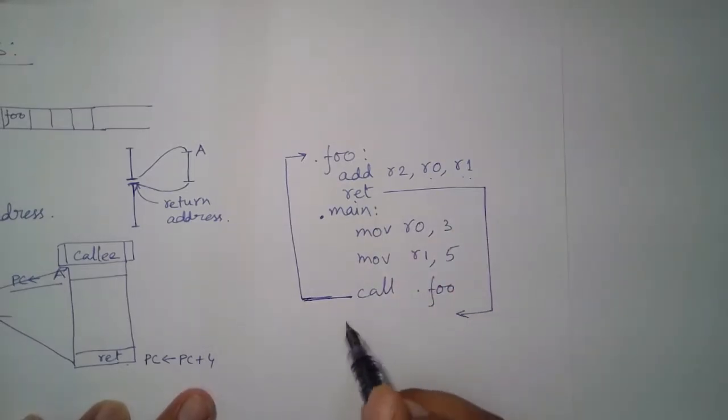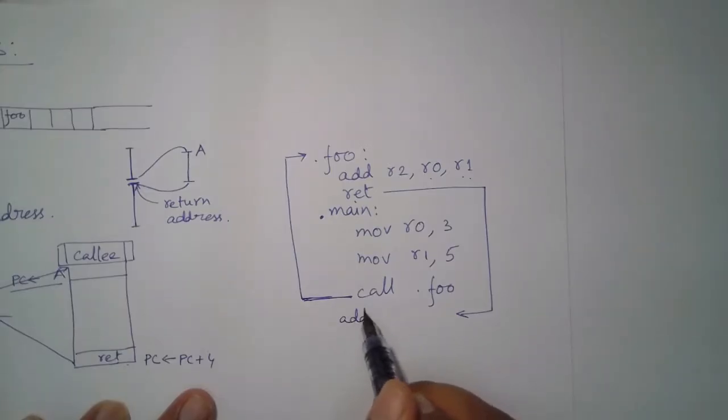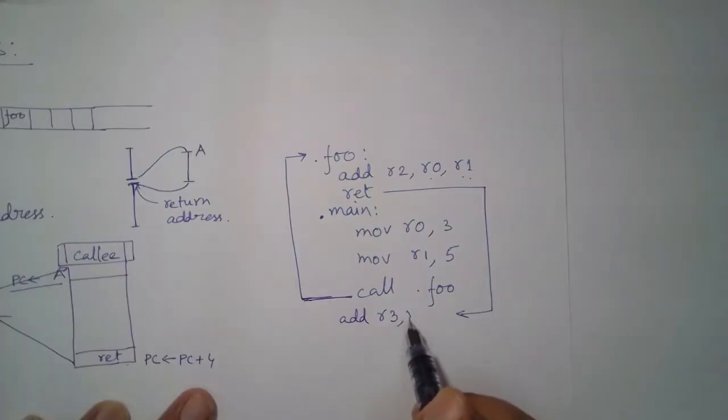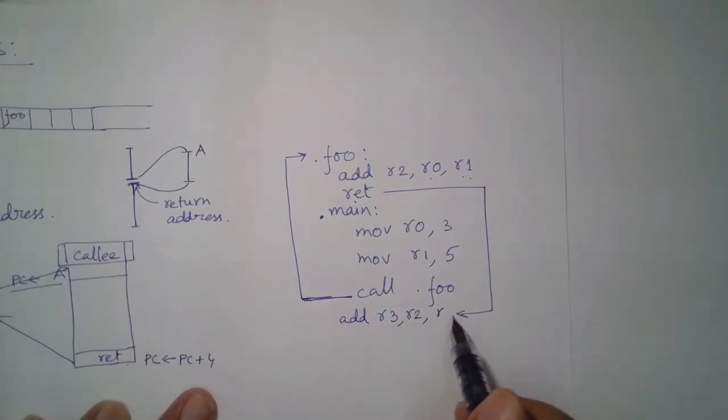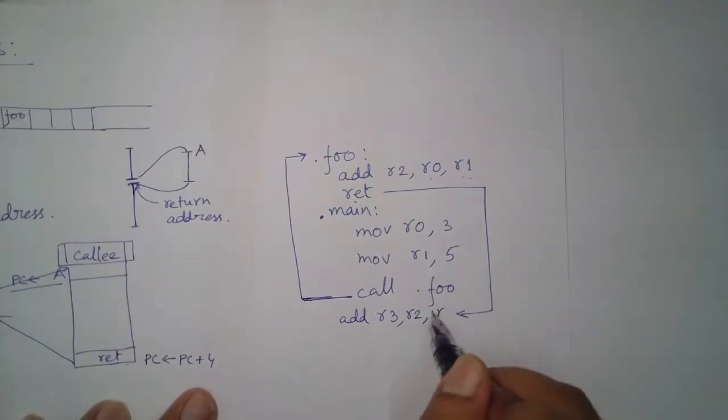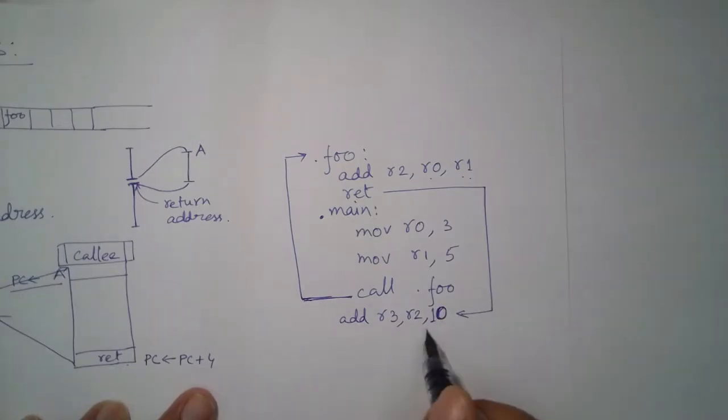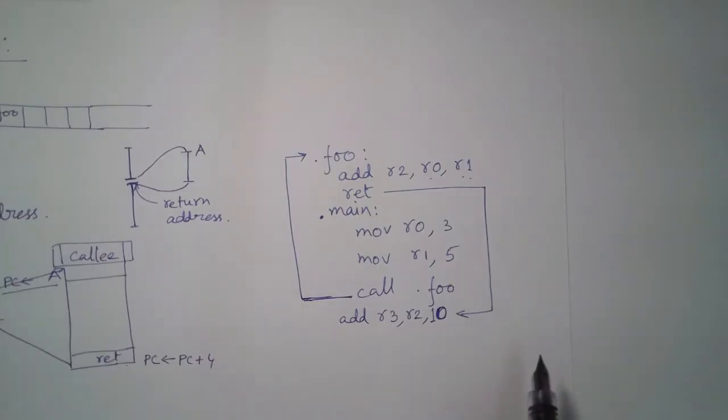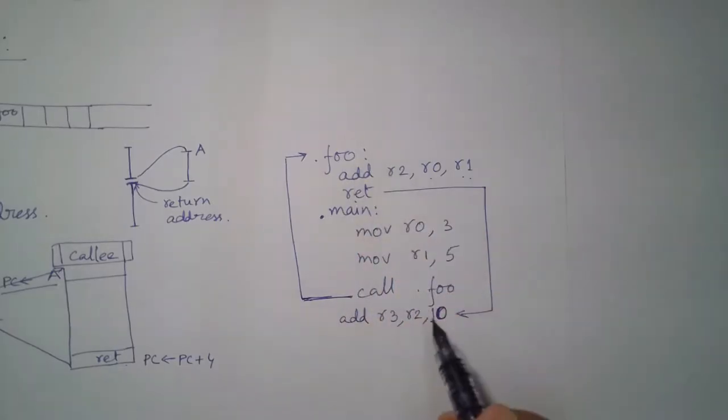Let us say there is another instruction where we again do some addition: an immediate value 10 is added with R2 and the result is stored in R3. The label indicates the starting of the function here.